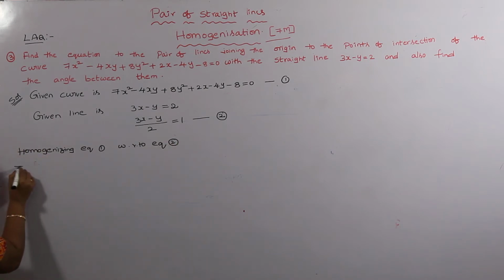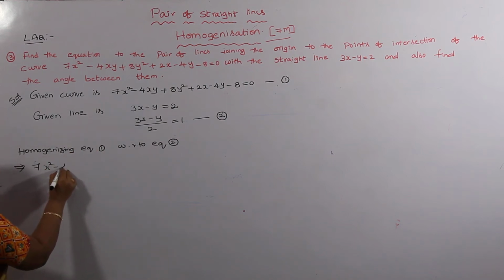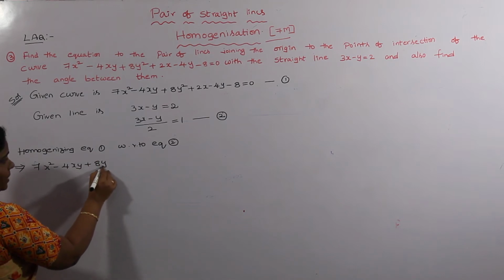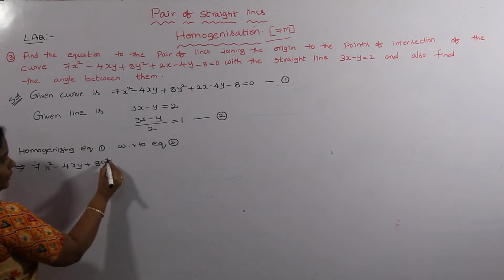Homogenizing means 7x square minus 4xy plus 8y square is taken as this. Here power 2, here power 2, here power 2.